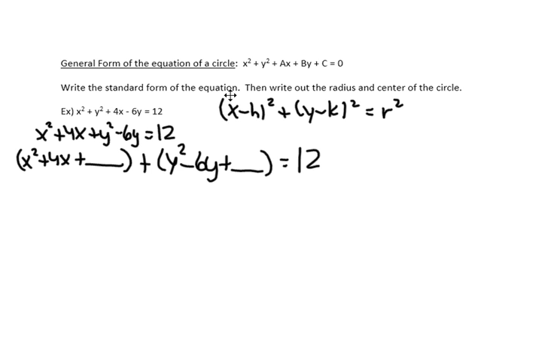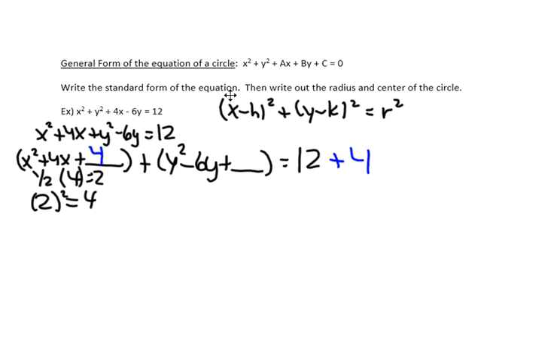Now, how do you complete the square? I'm going to take half of the middle term, which, half of 4 is 2. And I'm going to take 2 squared and have 4. So I'm going to put 4 here, and I'm going to add 4 here.